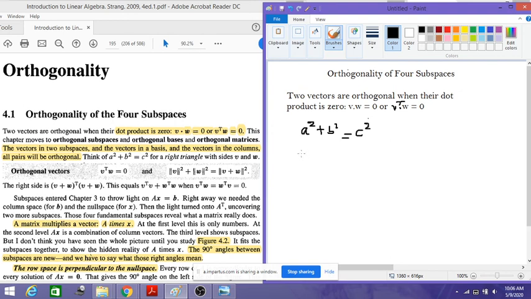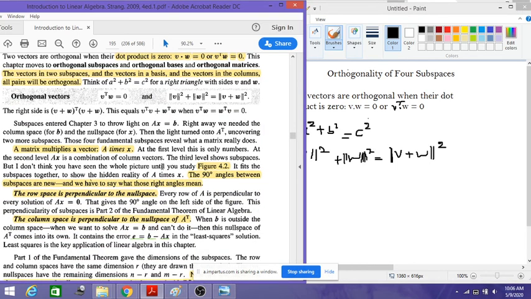We can also write this as the norm of v plus w squared. We can write the Pythagoras theorem in this form, and we will talk about this more later.